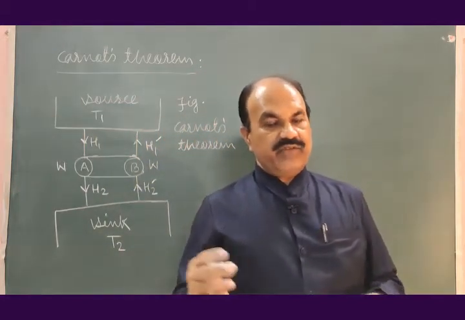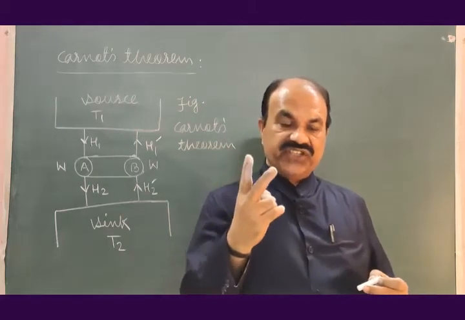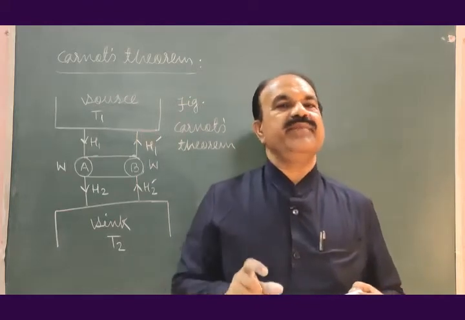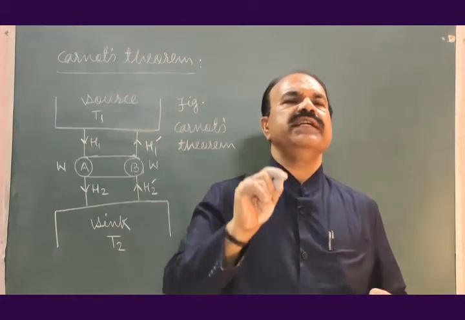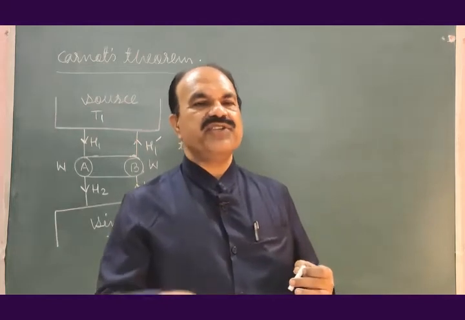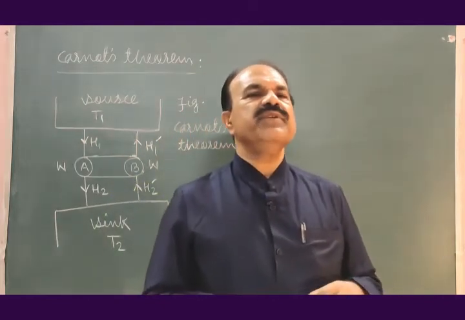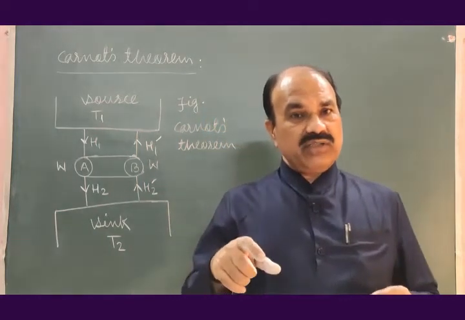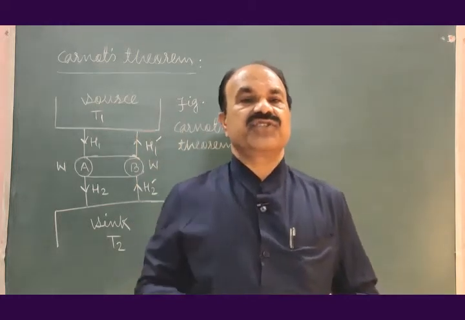It means that if we have two heat engines working between two same temperature limits, the first engine working between temperature limits T1 and T2, the second engine also working between T1 and T2, the efficiency of these two engines will be the same. Efficiency will only depend on the temperatures between which the engine works.